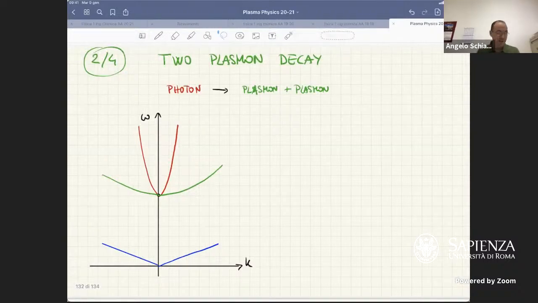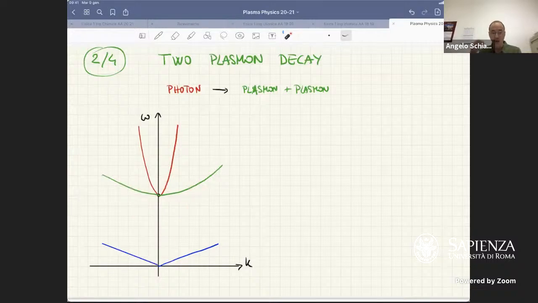Two plasmon decay. So we have a situation where we need to find a photon here, and the way of coupling to plasma. You see that if we are too close to the plasma frequency, actually we cannot mix this one here with another plasmon on this side, because the sum of the two omegas will give something much higher.